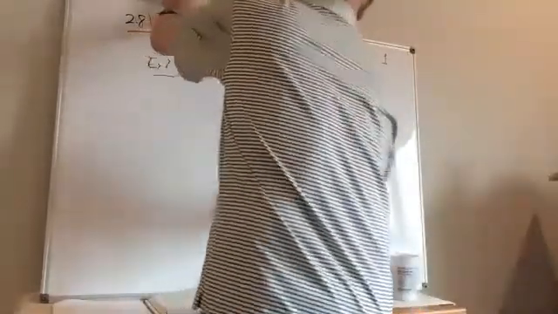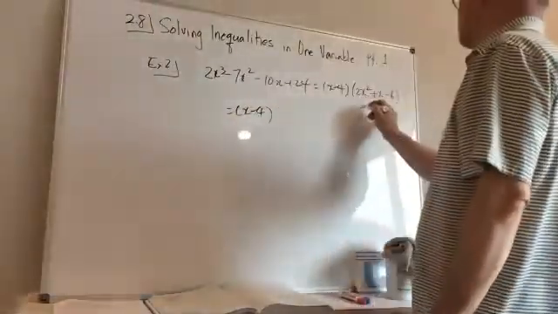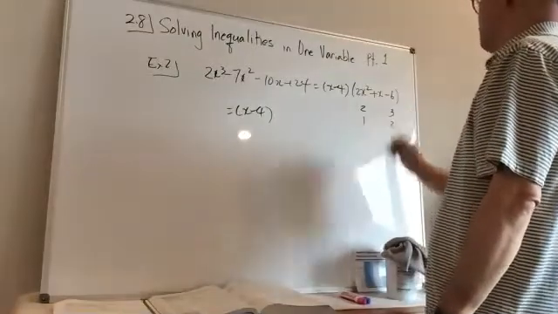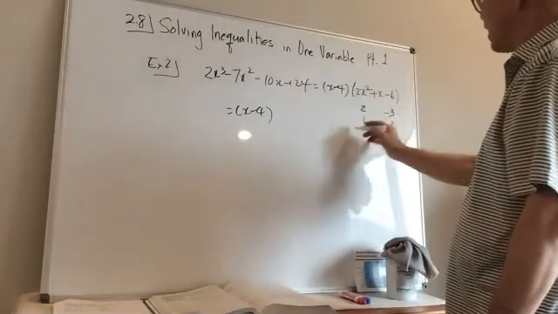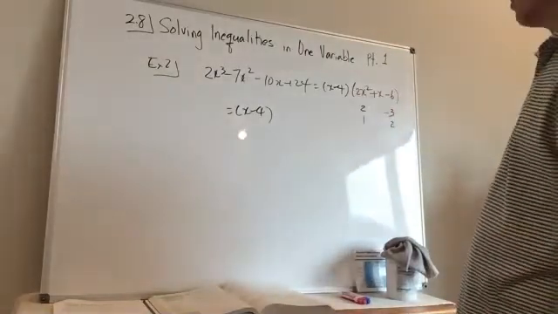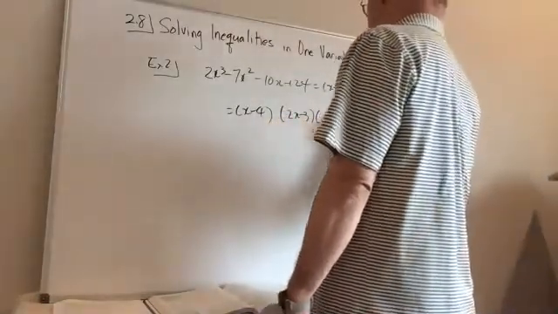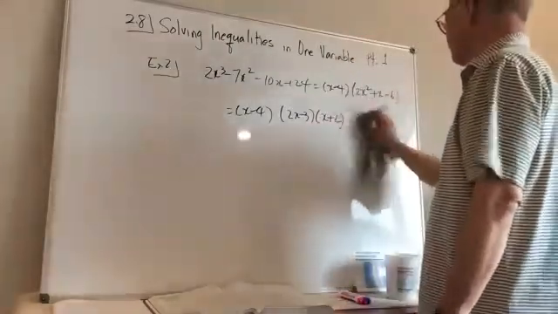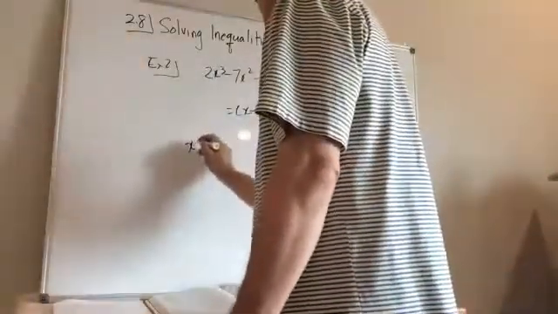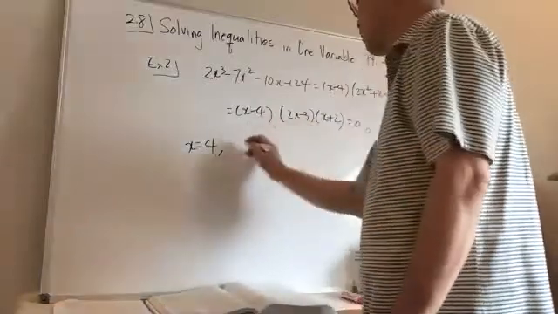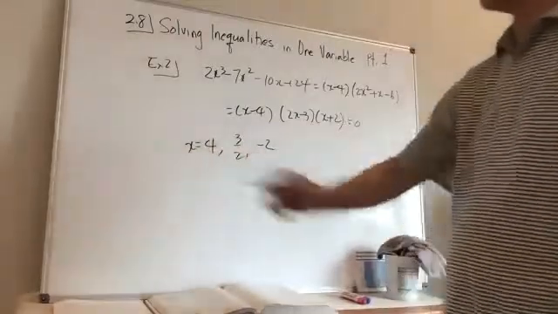If I factor this out, I'm going to get x minus 4, and this guy here is 2, 1, 2, 3, plus negative 4, negative 3, add together, I get plus 1. So it's going to be 2x minus 3, x plus 2. There you go. So I have 0. If I set this equal to 0, I get x is equal to 4, and I get 3 over 2, and over here, I get negative 2. So these are my 3 roots.